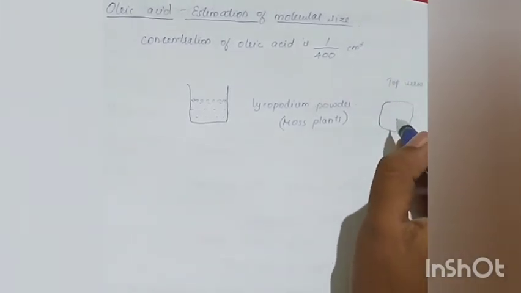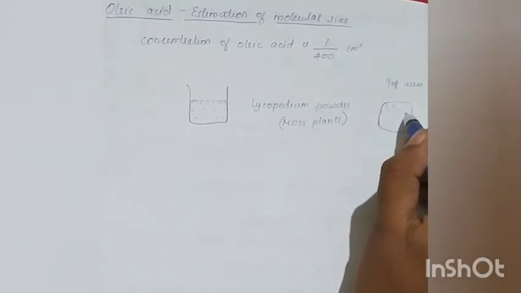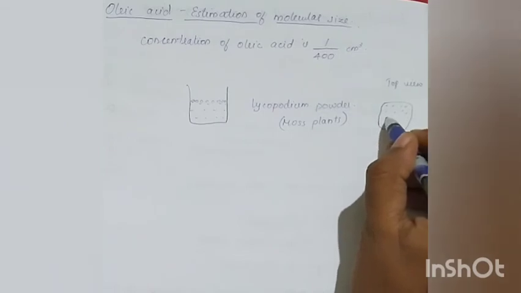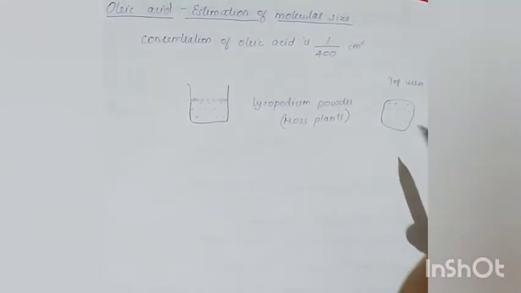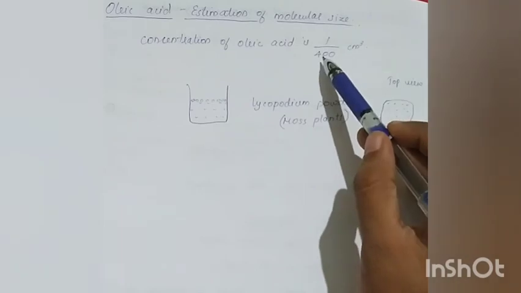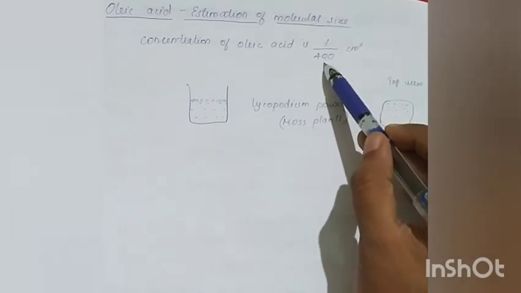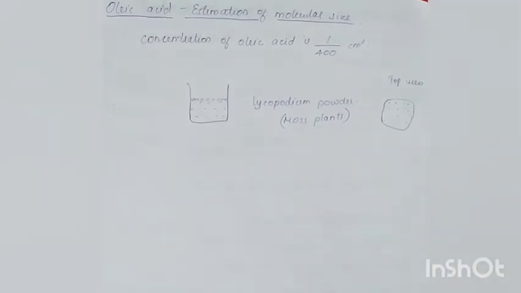and water was already there in our container, and we are sprinkling some lycopodium powder. And to this, using a burette, we are going to put this oleic acid solution, the S2 solution, drop by drop to this water.